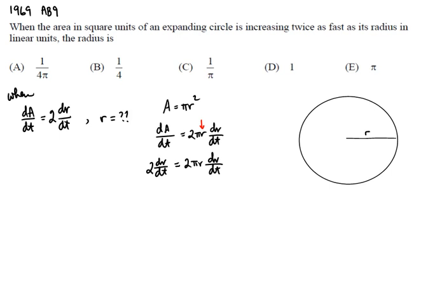And now we can cancel dr/dt on both sides. We can cancel 2 on both sides, and we'll be left with 1 equals pi r, down to one variable, and we simply divide both sides by pi, and r is equal to 1 over pi. And that does it for this problem. We'll go on to the next.